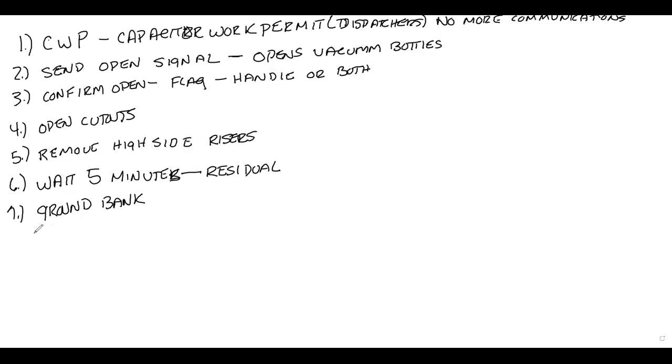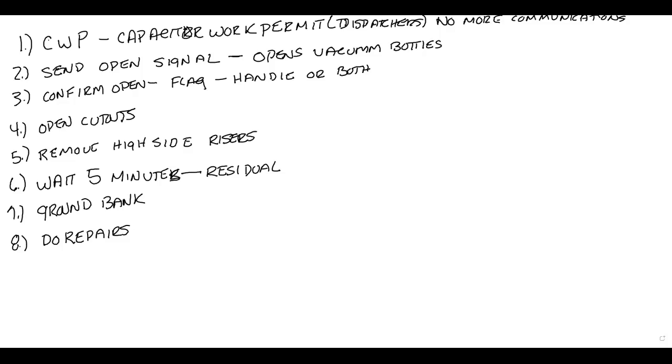Ground the bank. Okay, that is it. You're now ready to do repairs. It might be taking out a cell, tightening some connections, whatever you need to do. Replacing a vacuum bottle, whatever. Now you can do repairs on the bank.